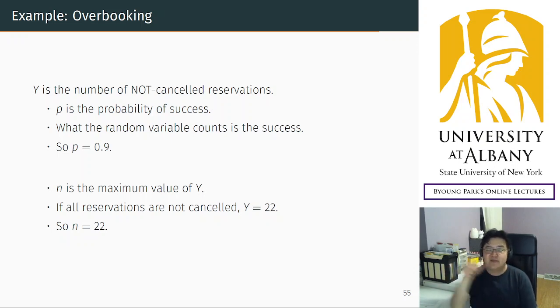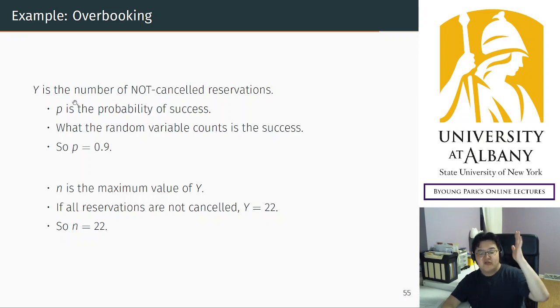We counted cancellations, but now in this example we are counting non-cancelled reservations. We are counting how many passengers come in, right? So we are counting different sides, right? And by construction, we define success.